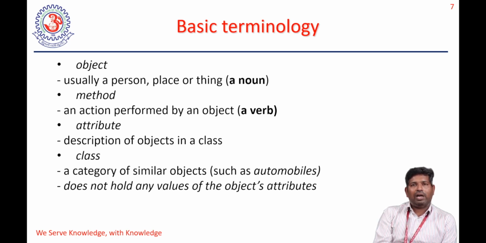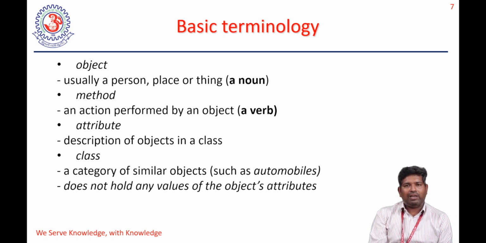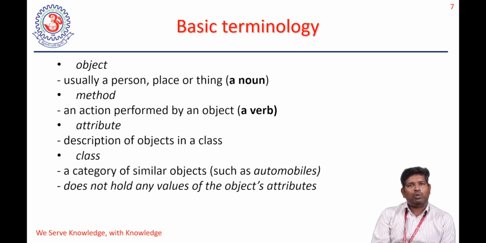And then the actions performed by that particular object. For example, a student can read, write, play, or have some extracurricular activity. It all comes in the action part. So if you take any object, it has two things. One is the characteristics, which in programming language you call an attribute. The second one is the action. What is a class? By writing a class, we are enclosing both this method and attribute inside a class.